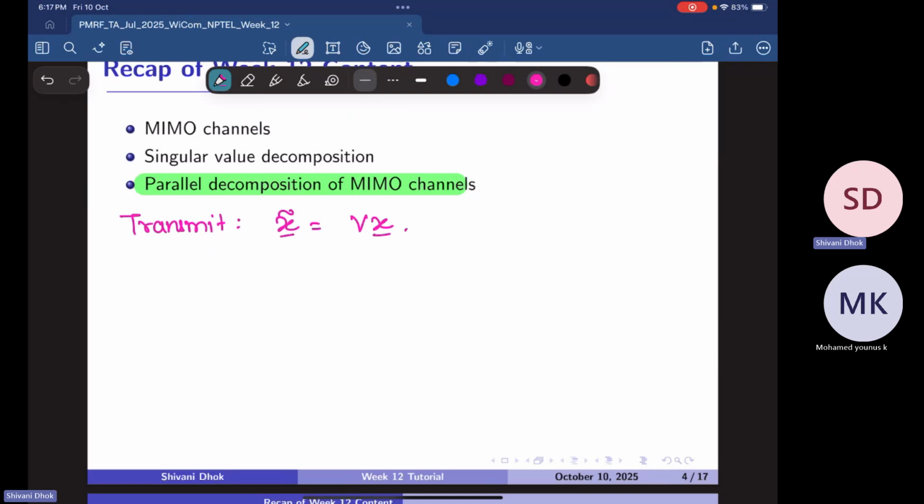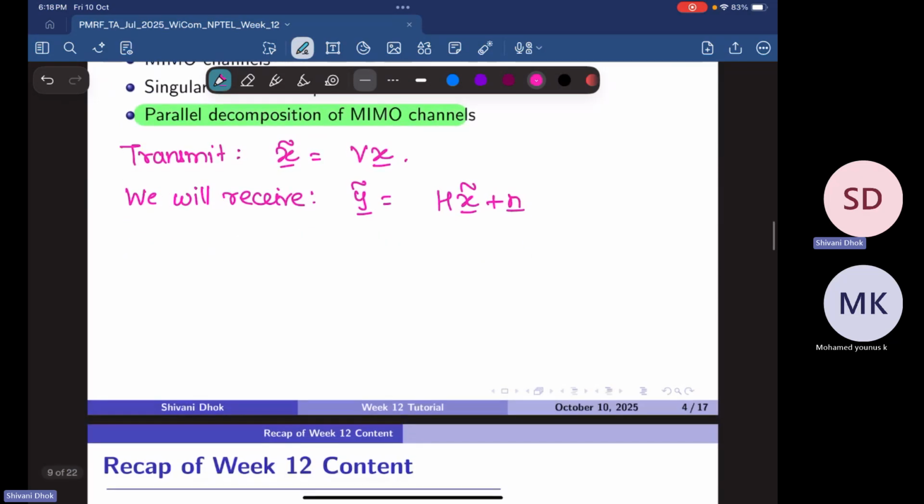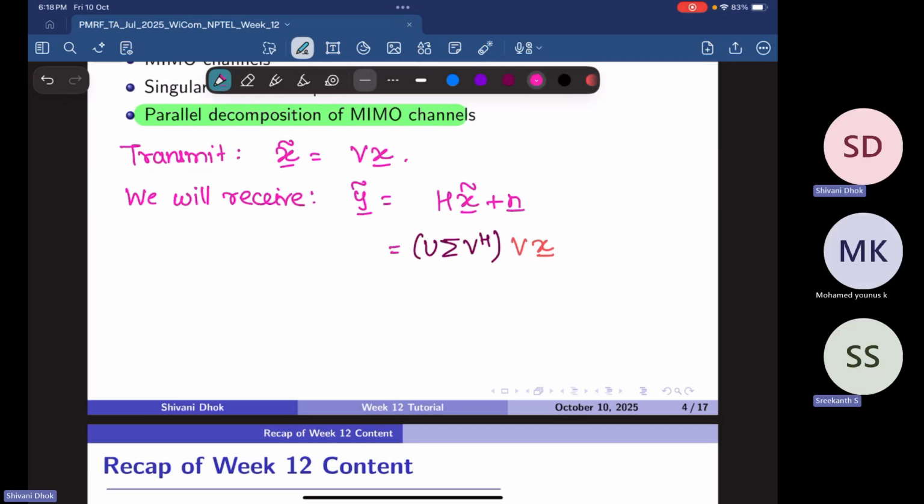So what will we receive? We will receive Y tilde, which is H X tilde plus N. The noise vector remains the same. Now I can use the singular value decomposition of my matrix H, which is U sigma V Hermitian, and X tilde was essentially V into X, plus N. Now since V is unitary, V Hermitian V is the identity matrix.